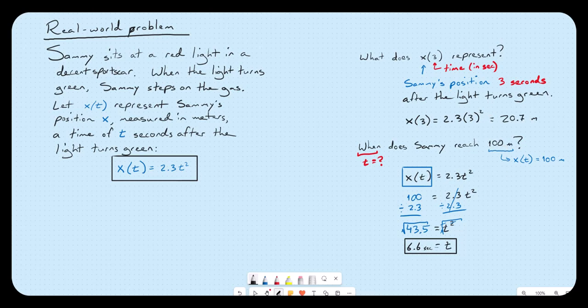I can do one more kind of question with this, and I'm going to write the question down here at the bottom. What is represented by x of 5 minus x of 1? So now I need to do a little bit more interpreting, right? X, like we said, x was the position.